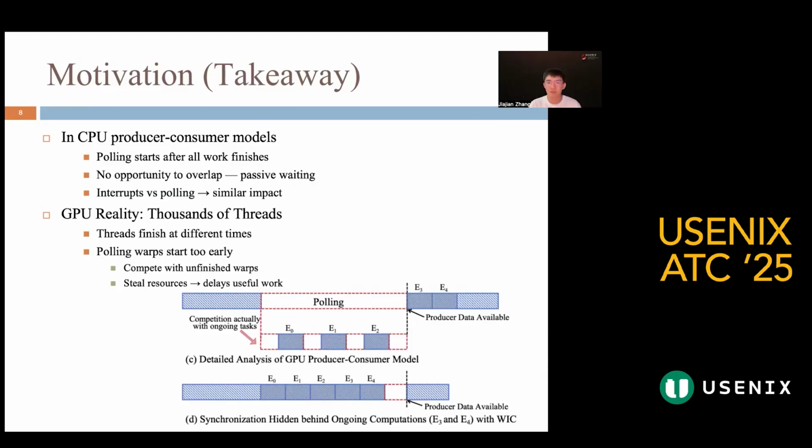This means polling doesn't just sit there waiting. It actually competes for resources with ongoing useful tasks. That's a big waste. And it's even worse: after polling ends, some threads like E3 and E4 are still not done. That means the synchronization phase could have been hidden behind those tasks.